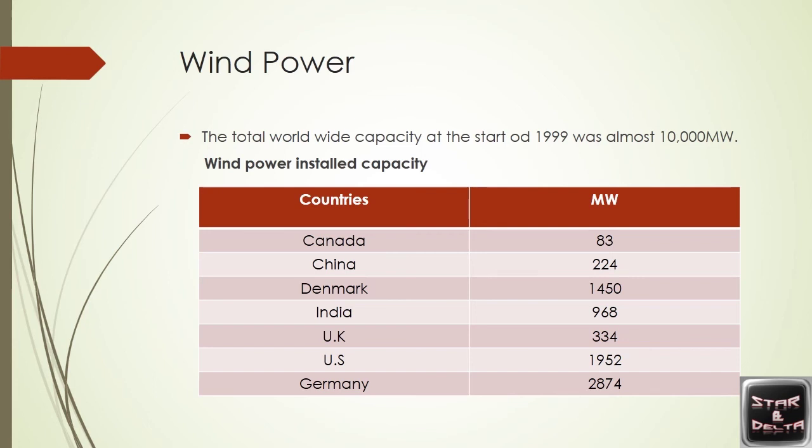Canada generated 83 megawatt from wind. China generated 224 megawatt, Denmark 1450, India 1968, and UK 334. The highest generation of power: US 1952, Germany 2874.